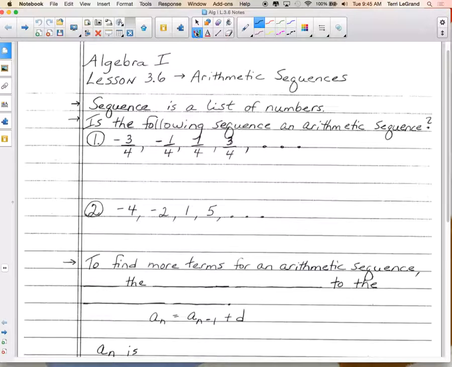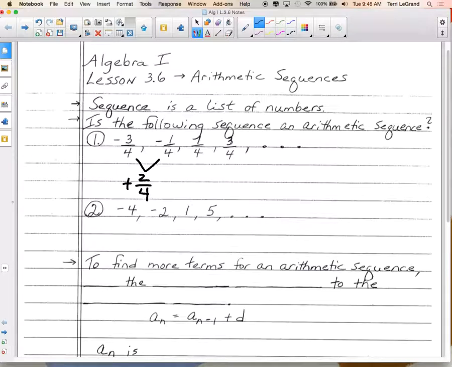So let's check to see if this sequence given here in number 1 is an arithmetic sequence or not. To get from -3/4 to -1/4, this would be called showing work. This would be called showing support. What do you have to do? Add 1/2, or also add 2/4, which is 1/2. You can write it either way.